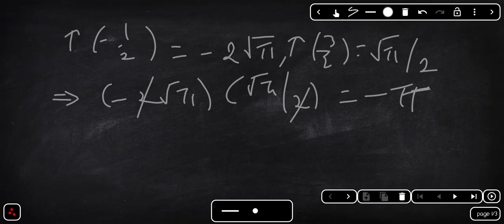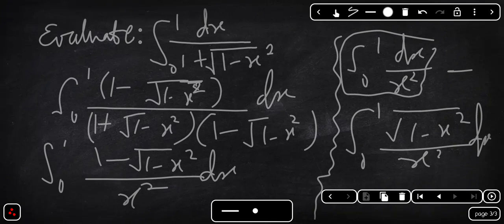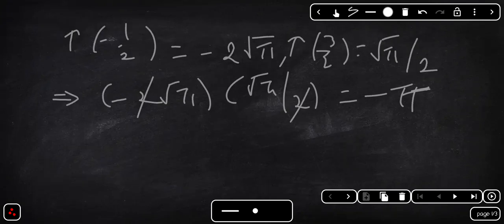Now, don't forget that from the previous page, we have minus 1 over 2 multiplied by the integral. Then we are going to have the final integral as minus 1 over 2 into bracket minus pi.